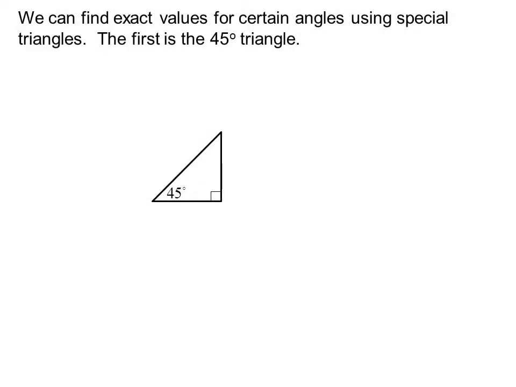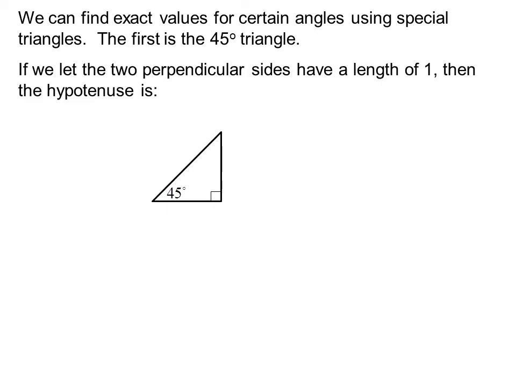We can find exact values for certain angles using special triangles. The first is the 45-degree triangle. If we let the two perpendicular sides have a length of 1, then the hypotenuse is c equals the square root of 1 squared plus 1 squared, or radical 2. So we have sides 1, 1, and radical 2. That's easy to remember.